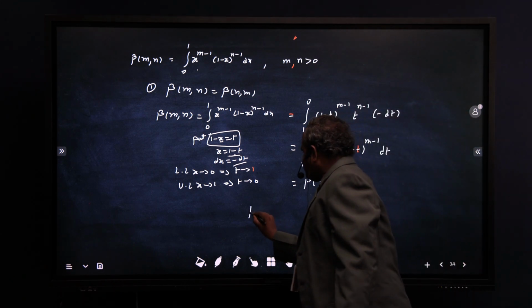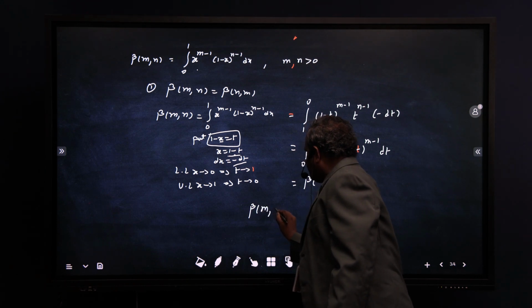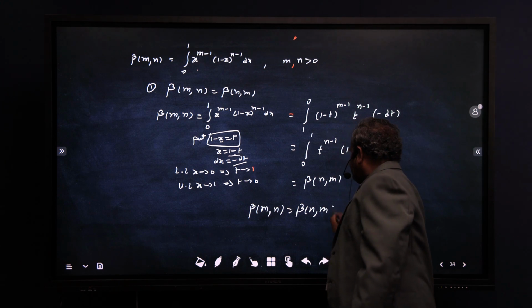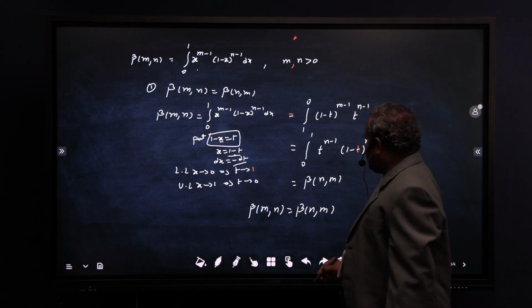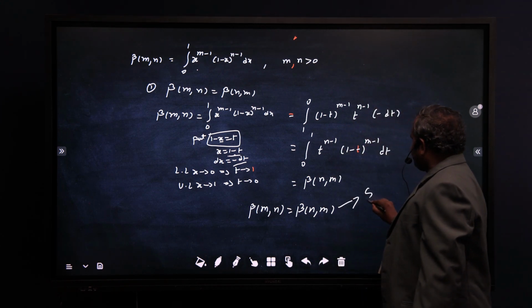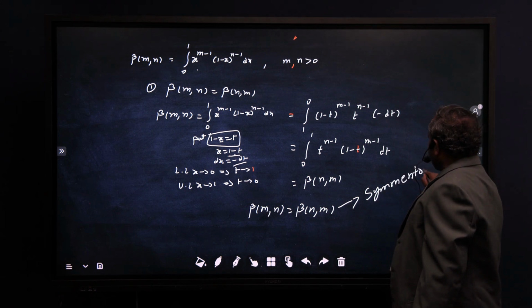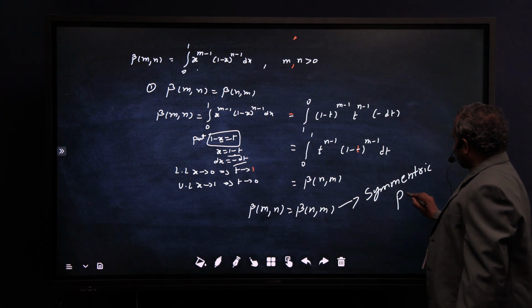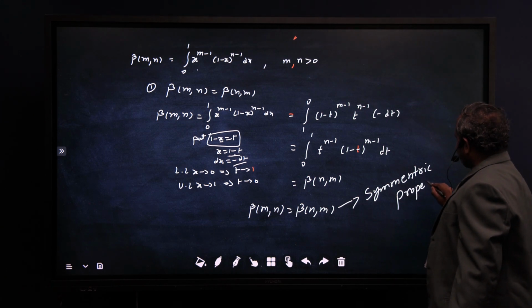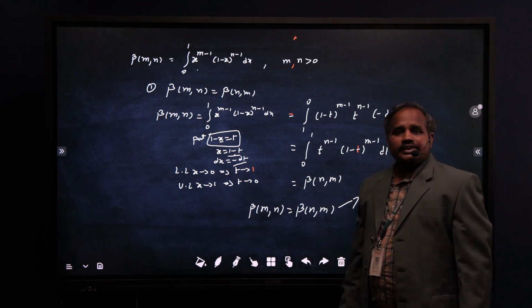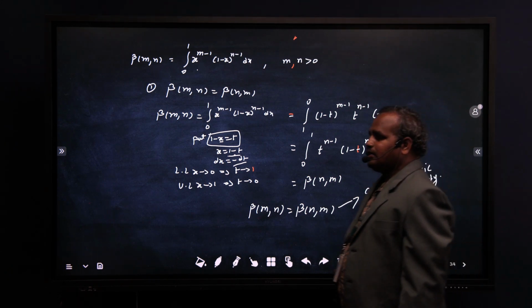So beta of m comma n is equal to beta of n comma m, which is called the symmetric property. This is one of the standard results of the beta function.